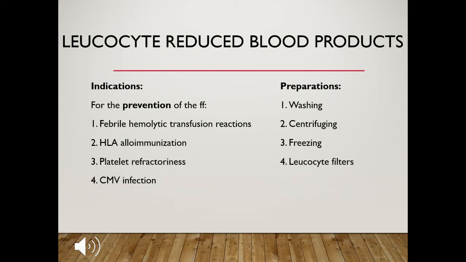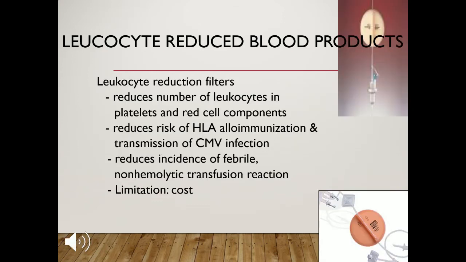They can be washed, centrifuged, frozen, or we can use leukocyte filters when transfusing. So look at the picture. Ito yung bilog dito sa picture. This is the leukocyte filter used in PRBC or platelet transfusion.